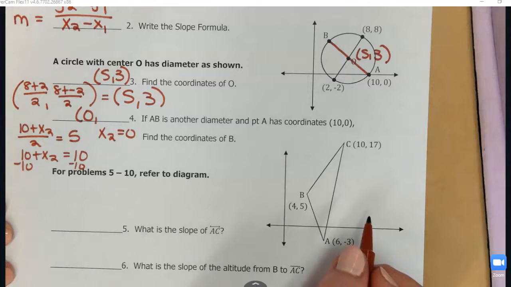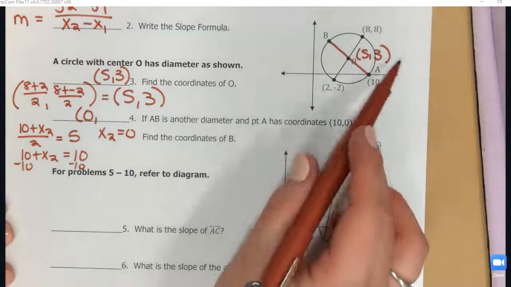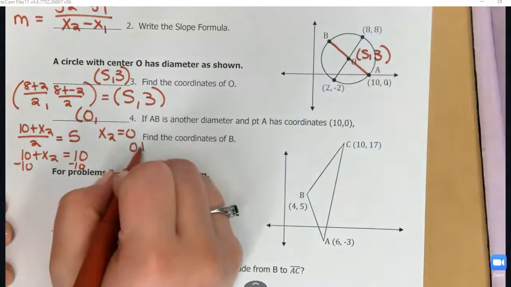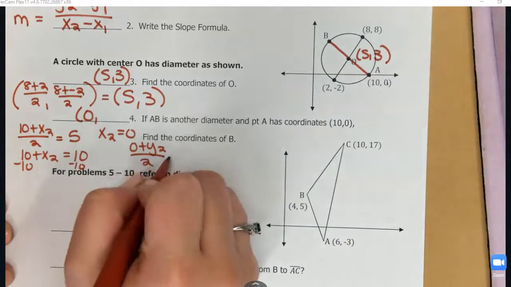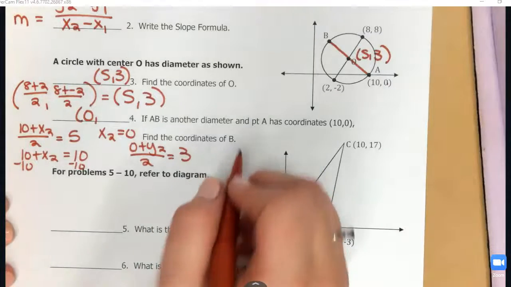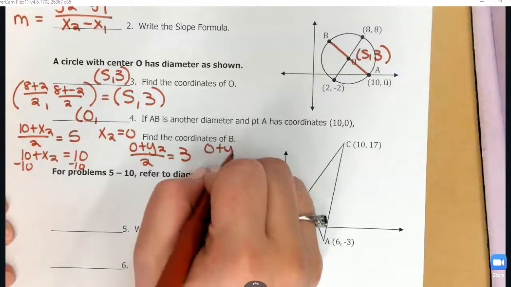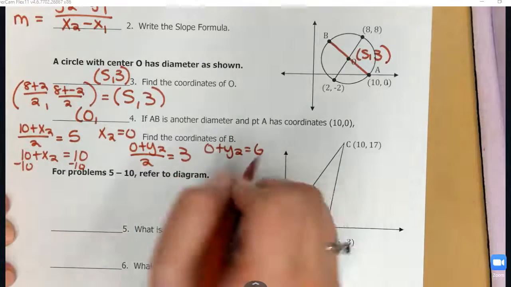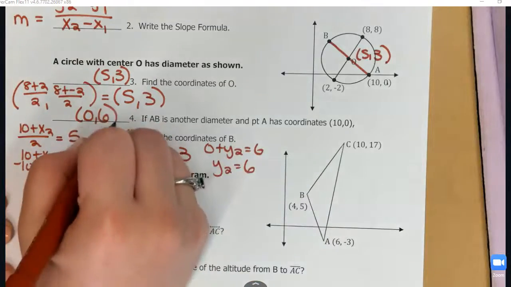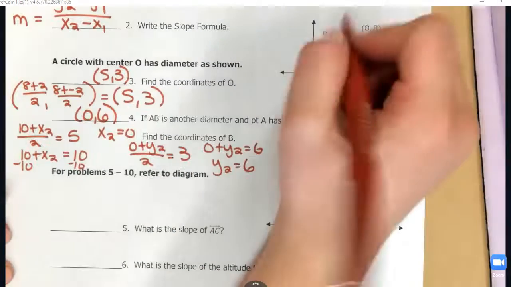Then I'm going to repeat the same process to find my y coordinate. The y coordinate of the midpoint is 3, and that's going to come from 0 plus y2 divided by 2 being equal to 3. Multiply both sides by 2, and I get that 0 plus y2 equals 6. Subtract 0, and y2 is 6. So 0, 6 is the coordinates of B.